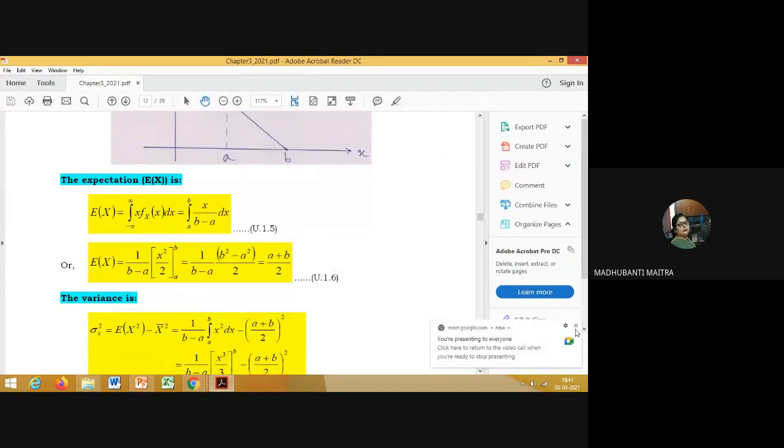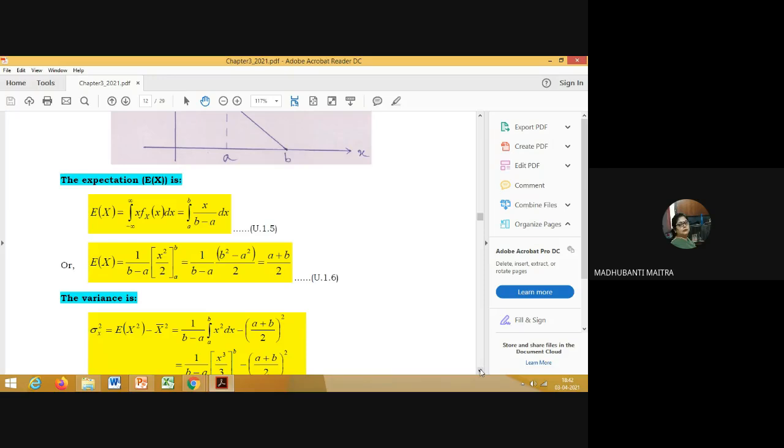So the result of integration after taking limits will be 1 by b minus a times (b square minus a square) by 2, and hence the expectation of this distribution will be a plus b divided by 2.